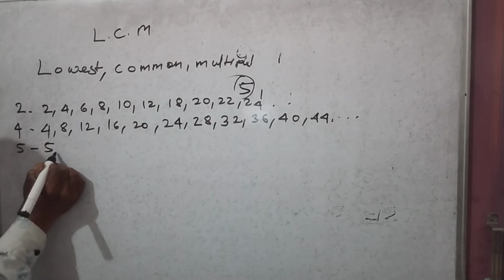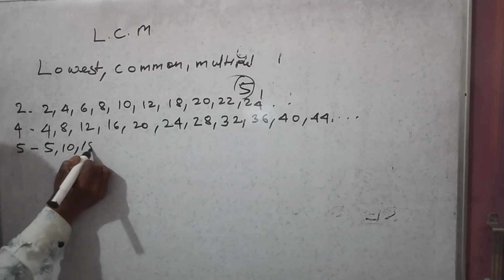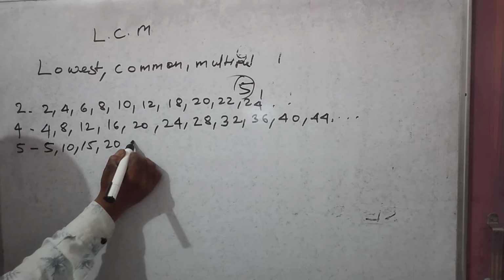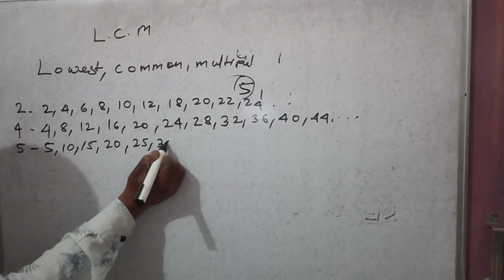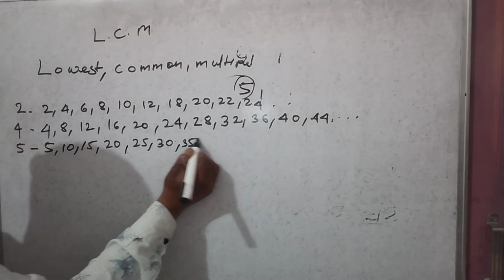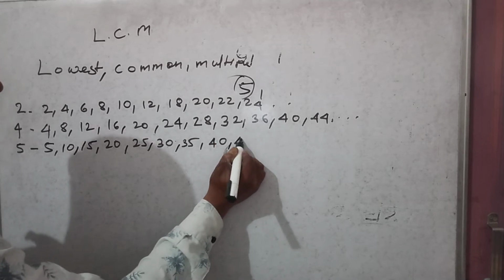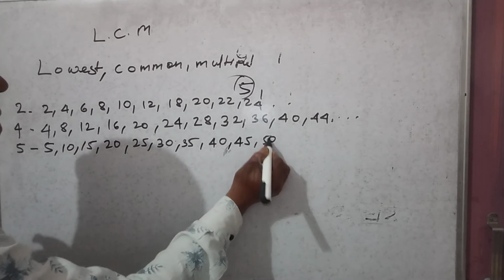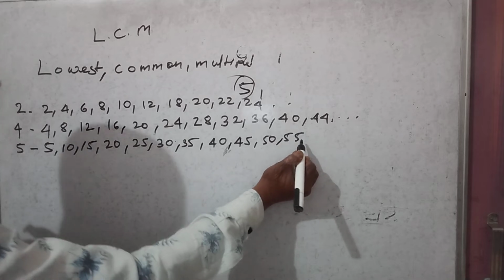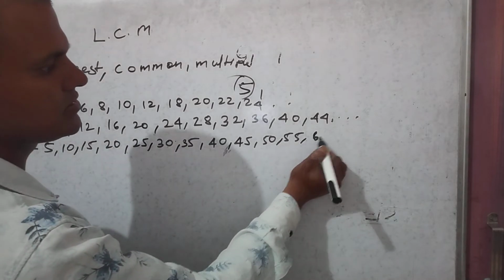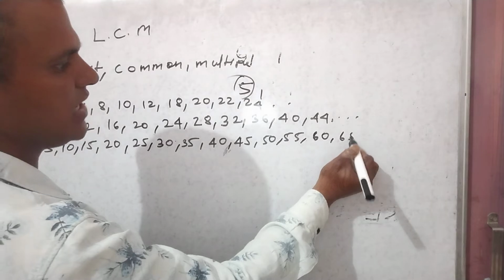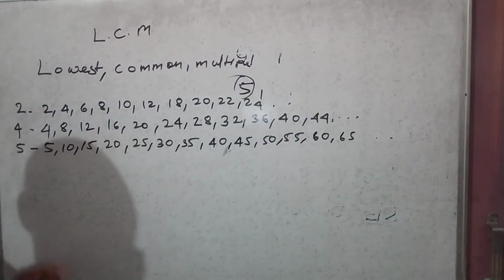Multiples of 5: 5, 10, 15, 20, 25, 30, 35, 40, 45, 50, 55, 60, 65, and so on. So look, what is common?